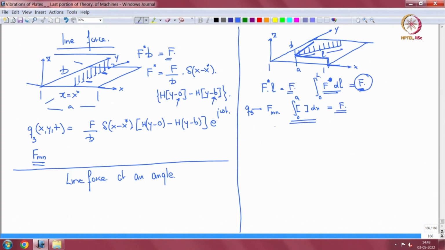So what I have, and let us say this line is y equal to px, a line going through origin hypothetically. Then I have integral along L direction F star into dl is equal to integral along L F star square root of dx square plus dy square.